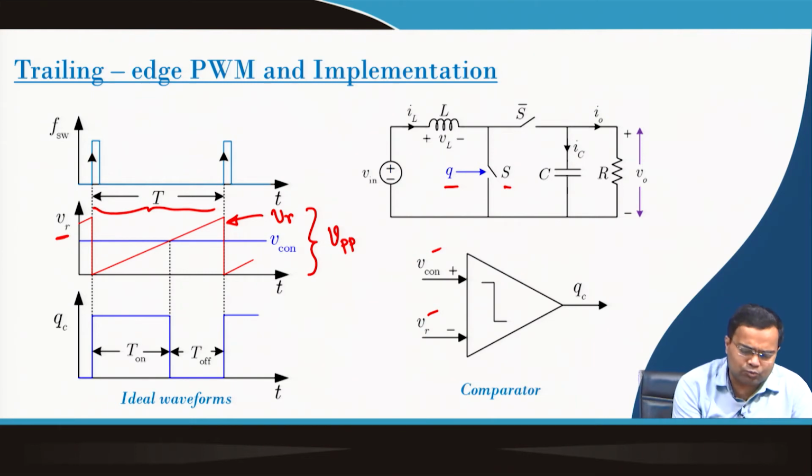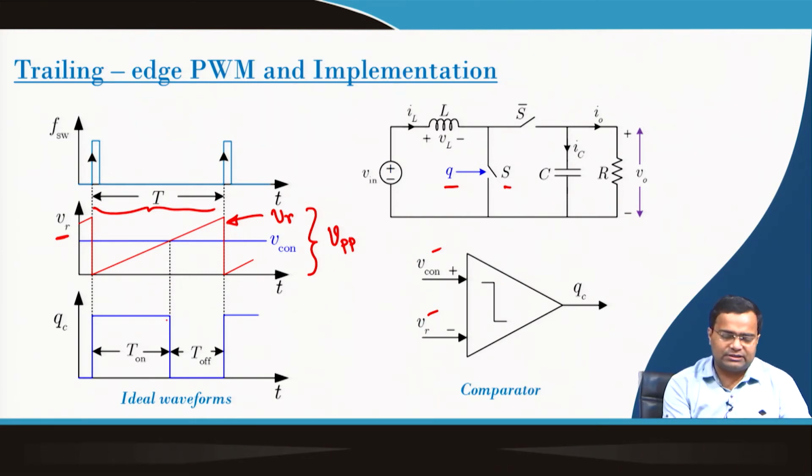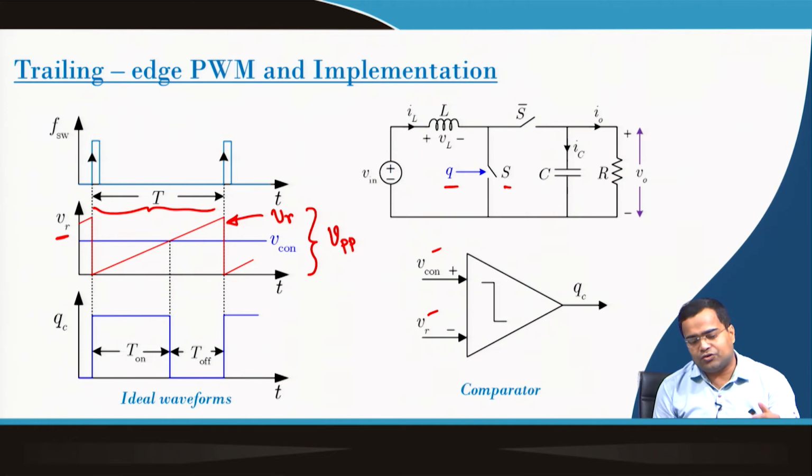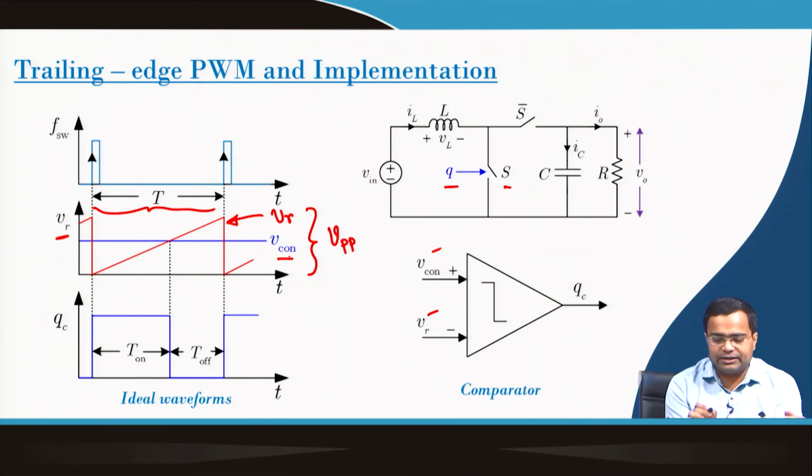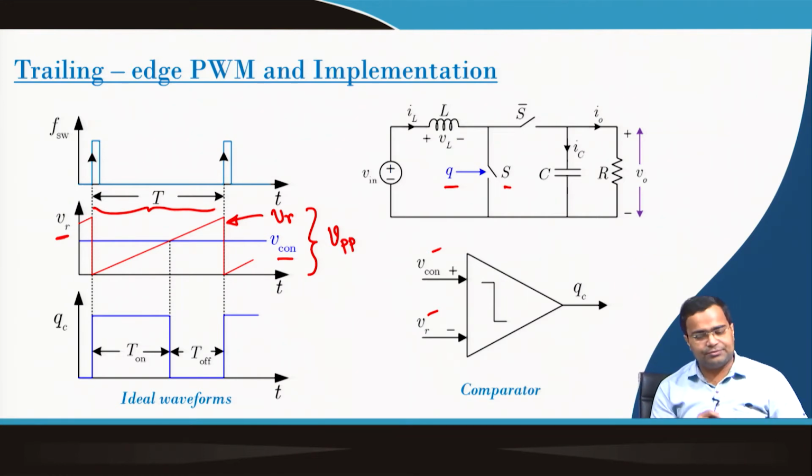As long as the control voltage Vcon is higher than the ramp signal, the red waveform, the comparator output will be high, and when it goes below, it will be low. By that way we can generate T on and T off.